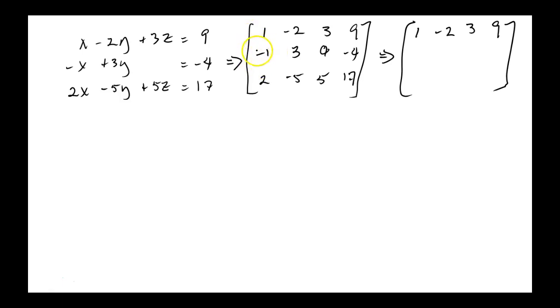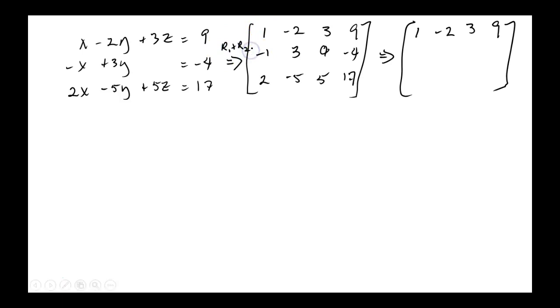How do we get the negative 1 to become a 0? Not negative. Plus, you just add them. The opposite of this, which is that. Row 1 plus row 2.